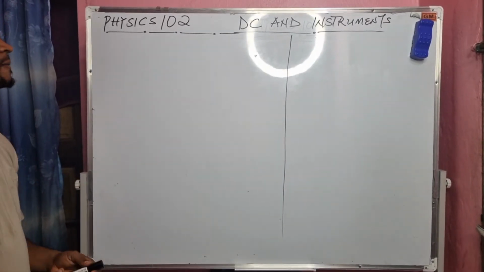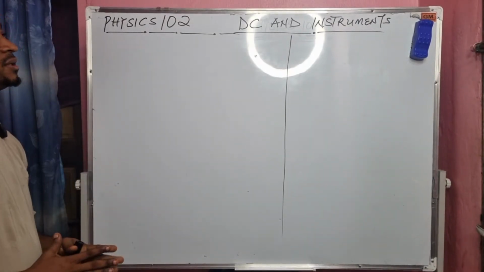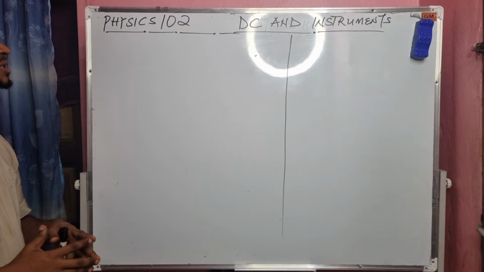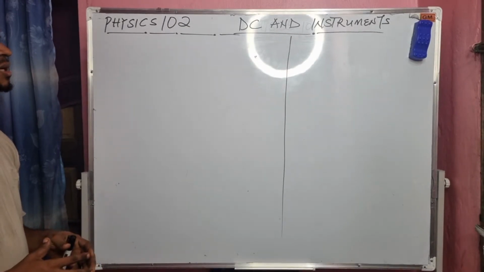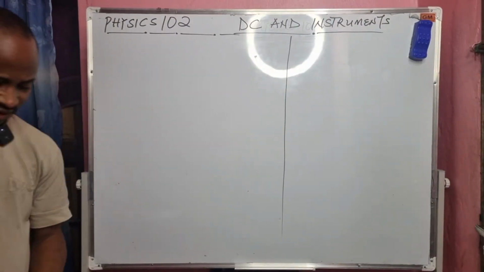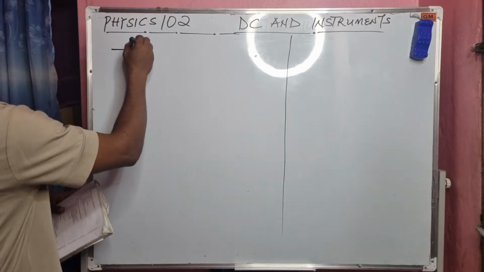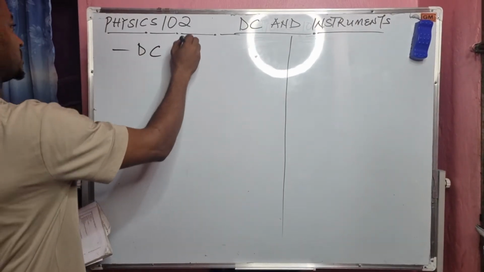So let's start. In today's class, we shall be looking at DC and instruments. DC simply means direct current. Under this topic, we shall be considering an introduction to DC.